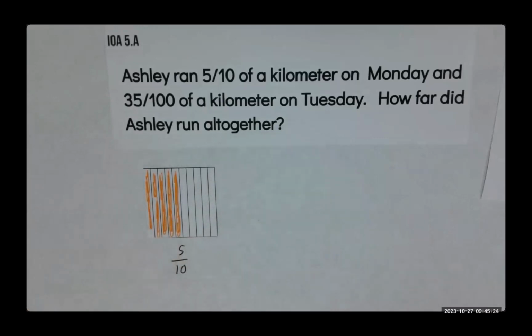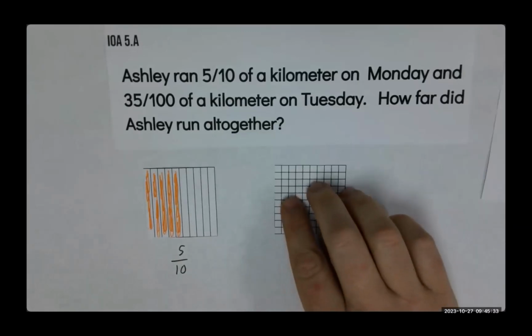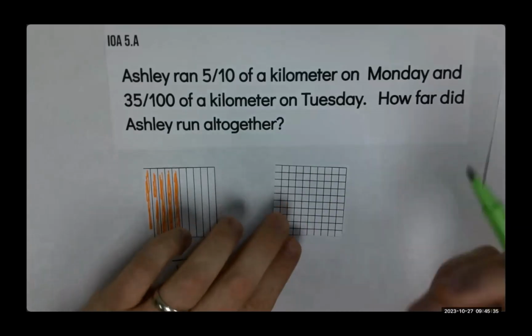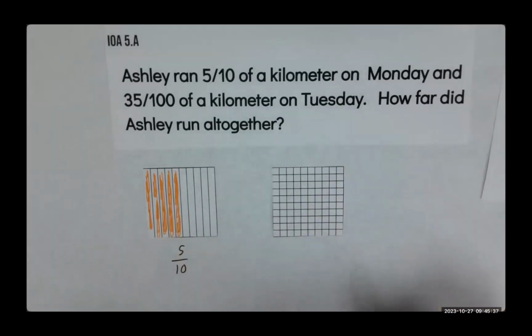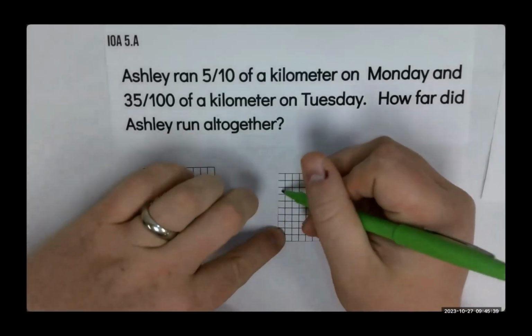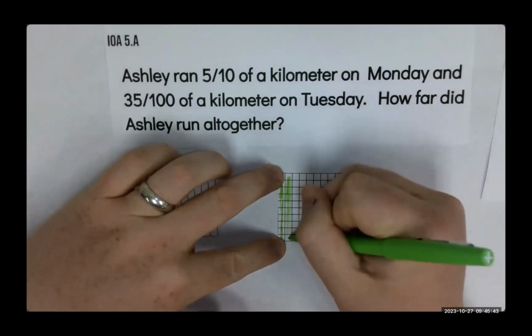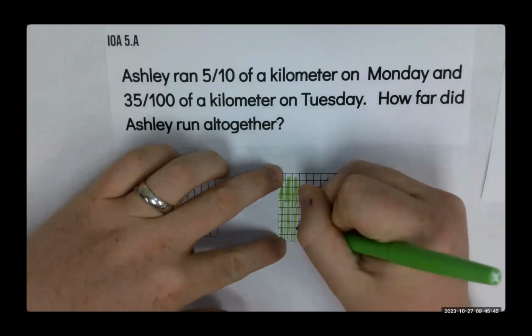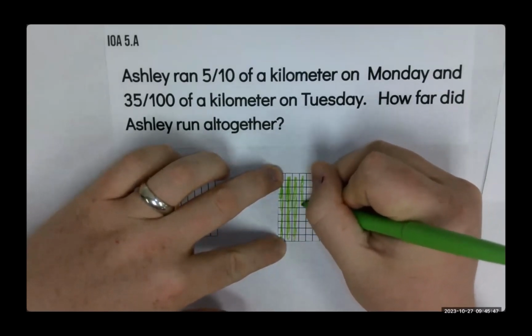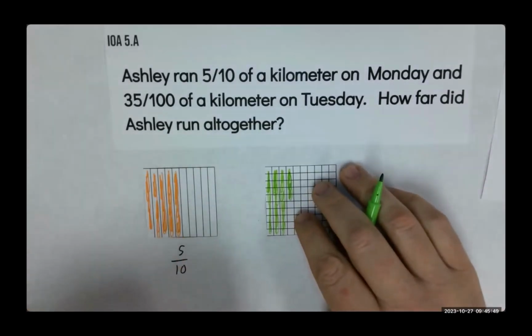And on Tuesday, Ashley ran 35 hundredths of a kilometer. So I'm going to go ahead and shade in 35 hundredths on my decimal grid that's decomposed into hundredths. There's 35 hundredths shaded in.